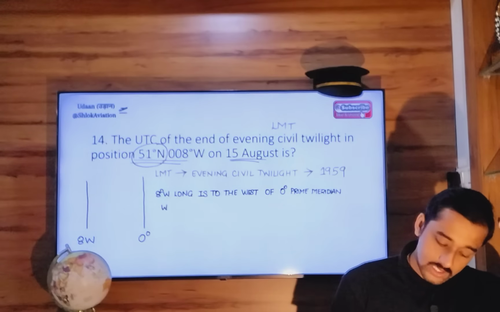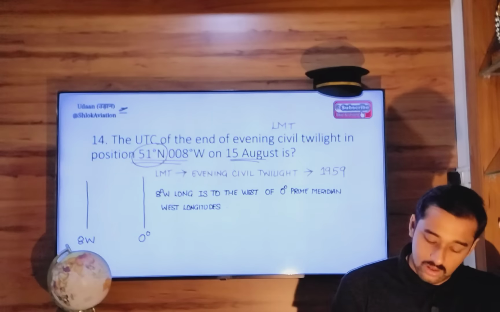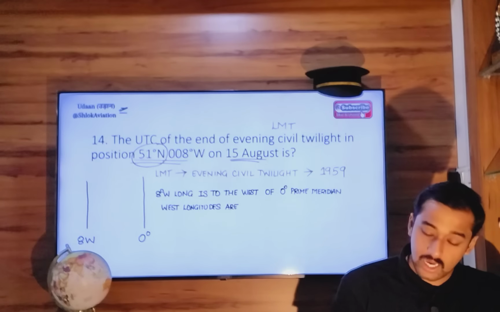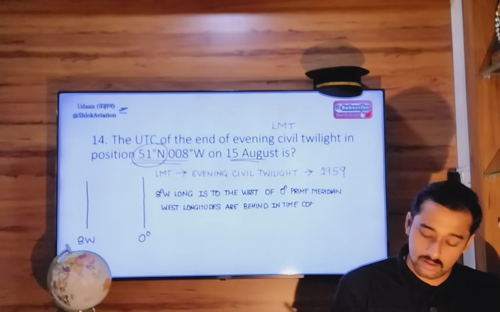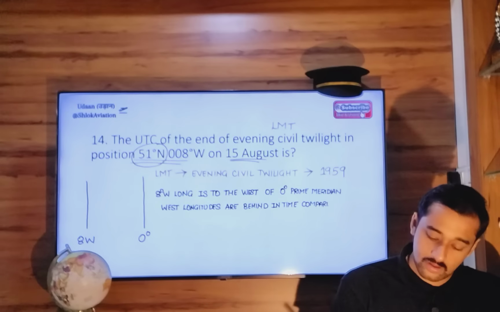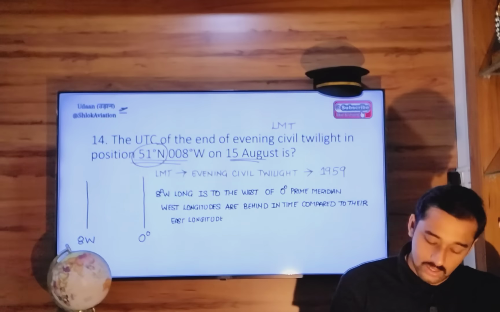Western longitudes are behind in time compared to their eastern longitudes, right?